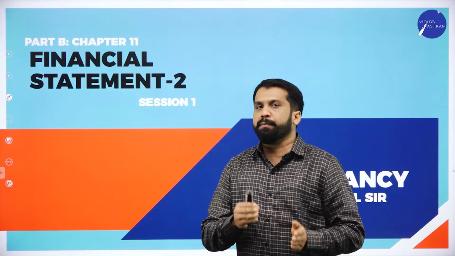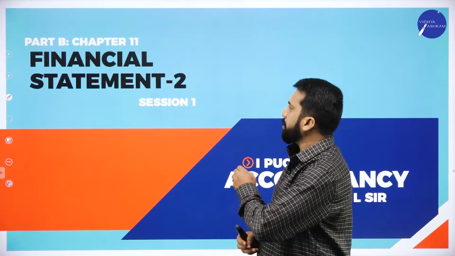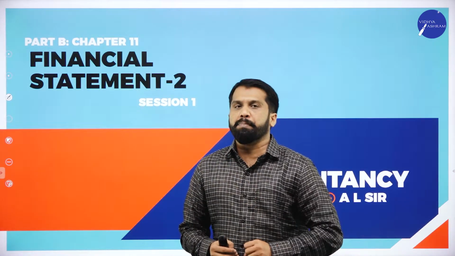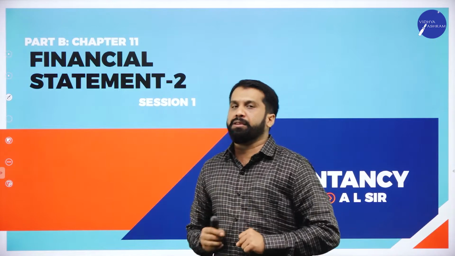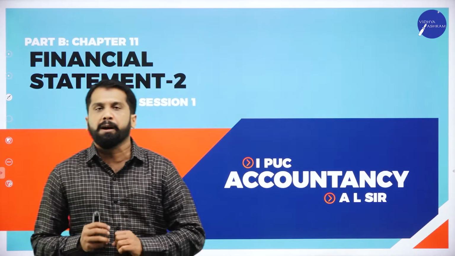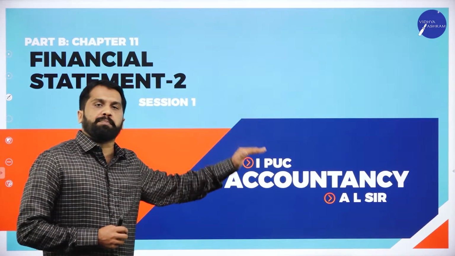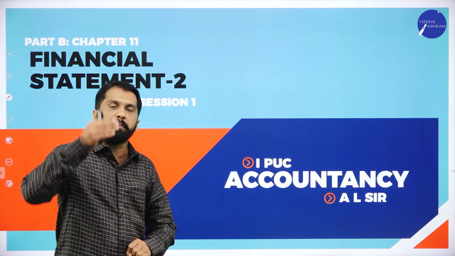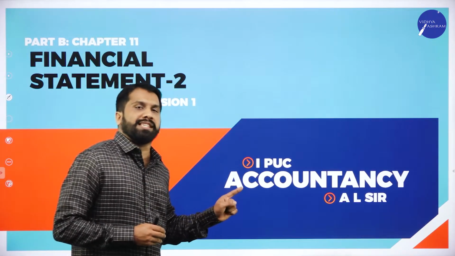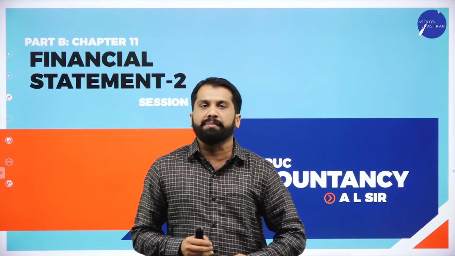The same thing we did in Financial Statement 1, we will repeat, but together. Whatever you prepare, trading, P&L and balance sheet, we prepare together. It is not for 6 marks, this is for 12 marks.